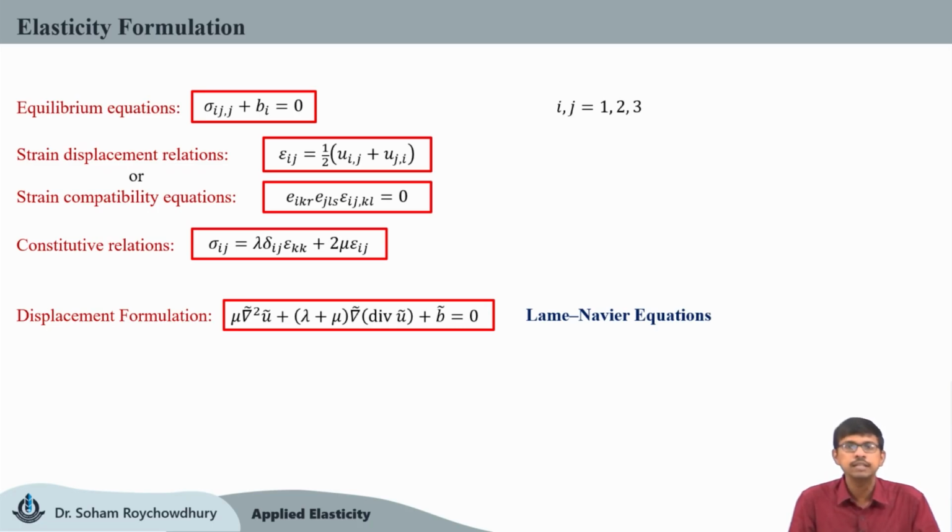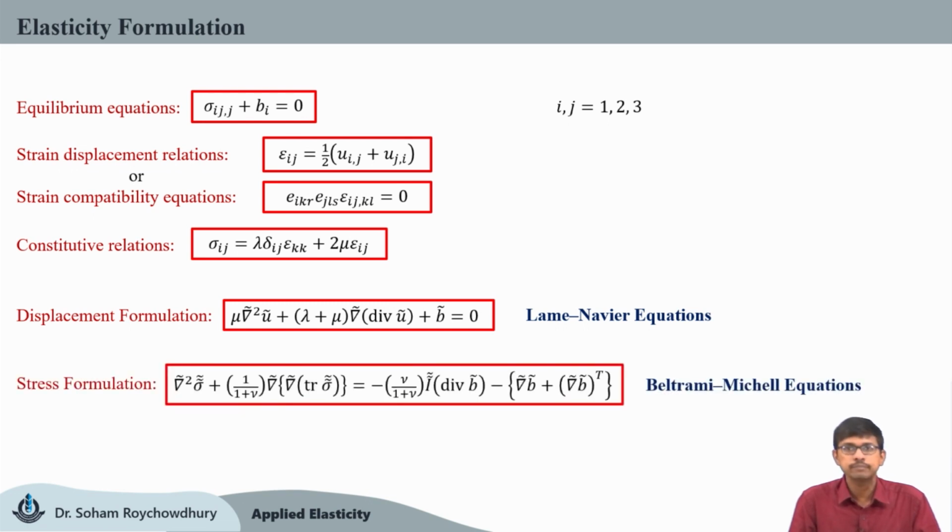Instead of displacement, if the boundary conditions are prescribed over the stresses or over the tractions, in that case we have the stress based formulation of elasticity, and the corresponding governing equation is given by Laplacian of sigma plus 1 by (1 plus nu) times gradient of gradient of trace of sigma equals minus nu divided by (1 minus nu) times I divergence of b, minus within bracket gradient of b plus transpose of gradient of b, where I is the identity tensor.